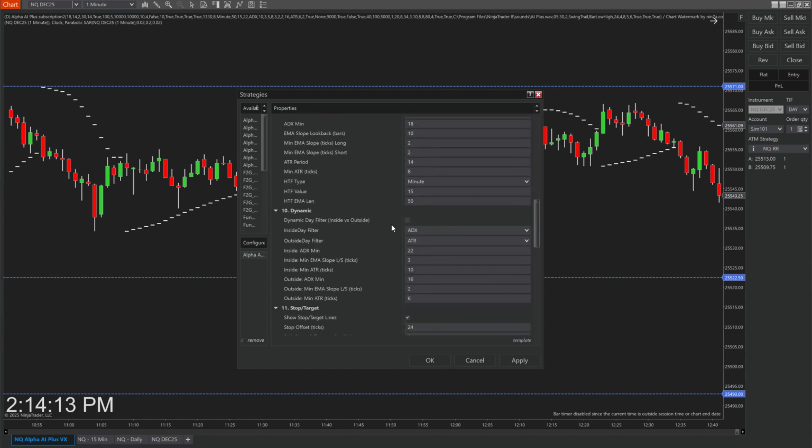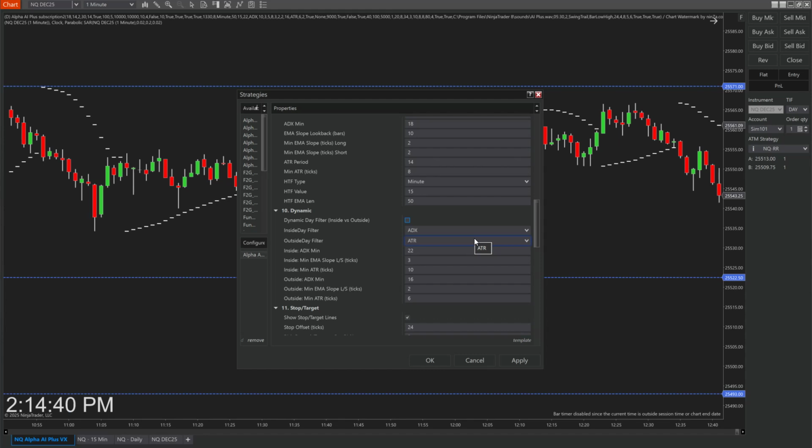Also, there's another cool dynamic feature. It's called dynamic day filters, which is very cool. They're using AI. In this filter, the system will check if the day is an inside day or outside day. Inside day means today is within the open and close of the previous day, period. Most of the time, inside days are very choppy days, not only, but mostly.